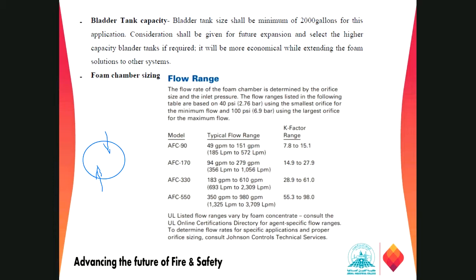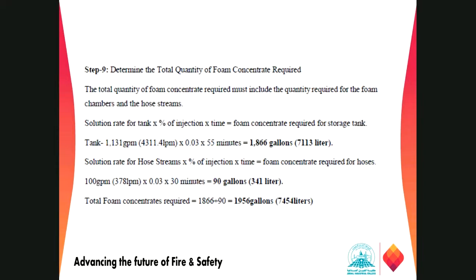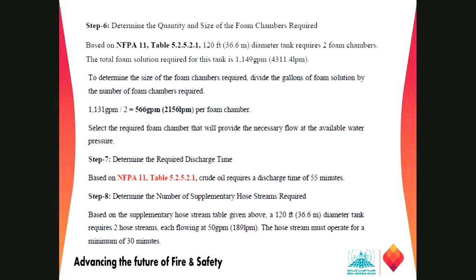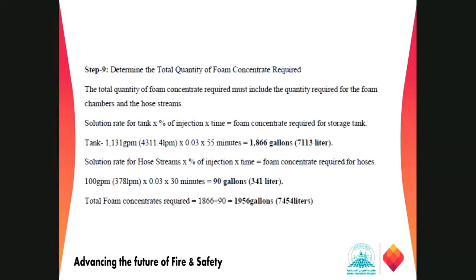So if you can see these foam chambers from Ansul, they have given the model number, the K factor, and the recommended flow from these chambers. So our requirement is something around 610 GPM from one foam chamber. Let me see what the requirement is. Our requirement is 566 GPM from one foam chamber at the top of the tanks.